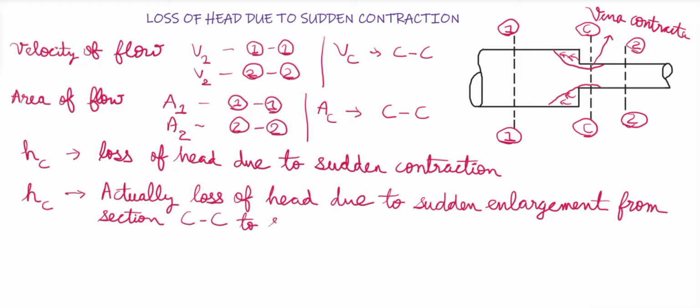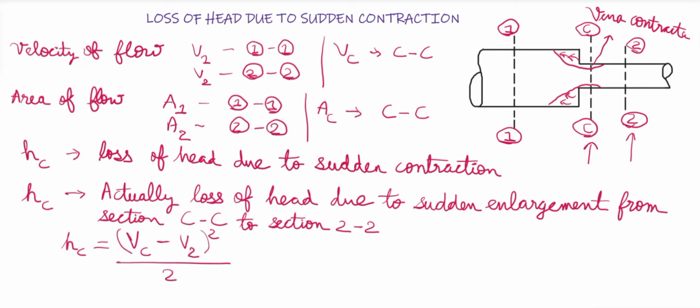For sudden enlargement, we have already derived the equation. So we will write HC is equal to (V1 minus V2) whole square by 2g. Here V1 is VC. So we'll write (VC minus V2) whole square upon 2g.